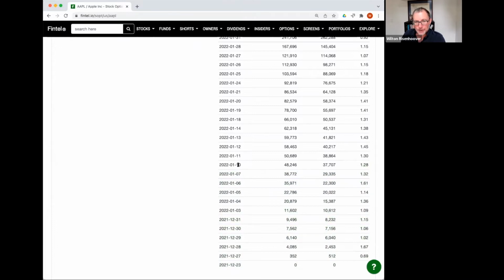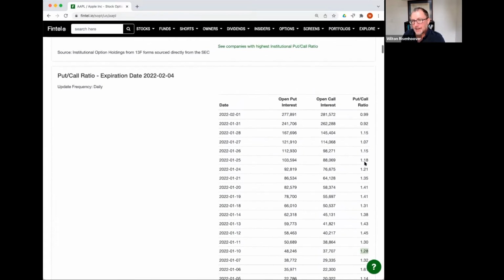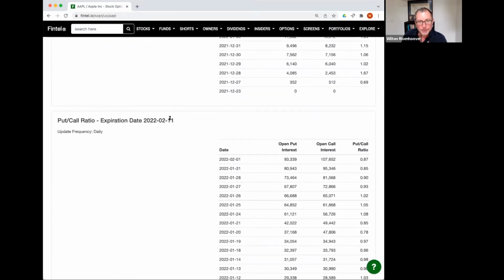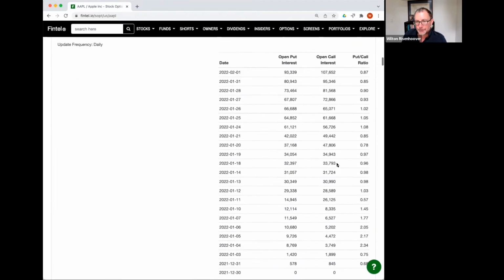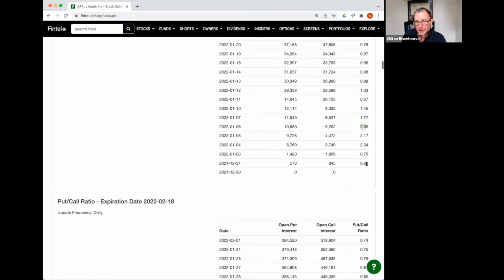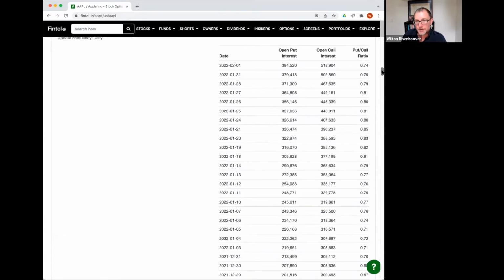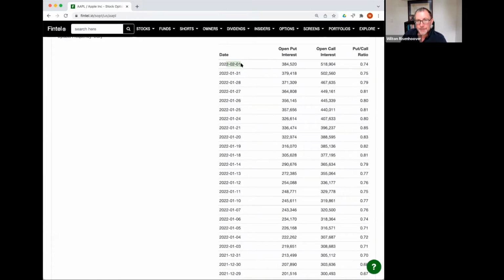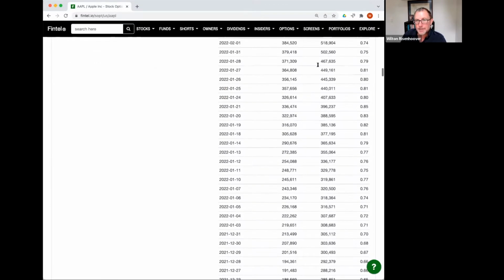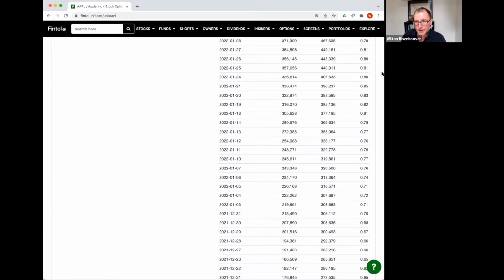You can see that on January 10th, the put call ratio was 1.28, which is a slightly bearish sentiment. You can go down and look further out to the 11th and see that at one point it was bearish. Let's keep going further down here. This is as of today, or as of a couple of days ago, for the 18th. But let's look at some long dated options out here.